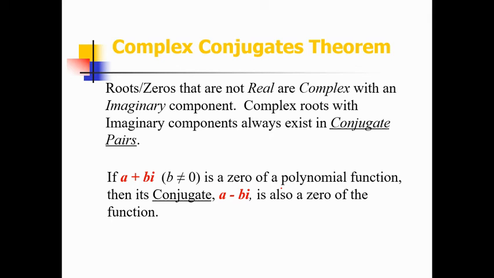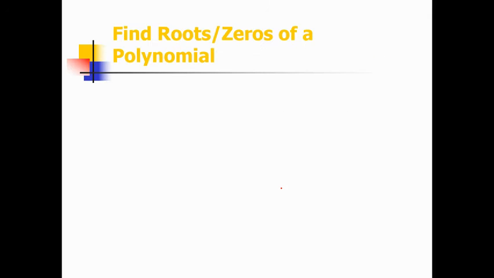We worked with conjugates in our complex numbers with the division. Okay, we're going to find roots, zeros of a polynomial. This is a little different, but this is how they usually present this type of work on the EOC.